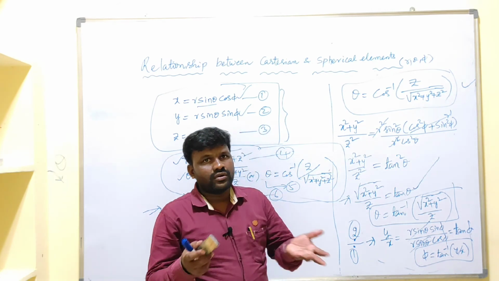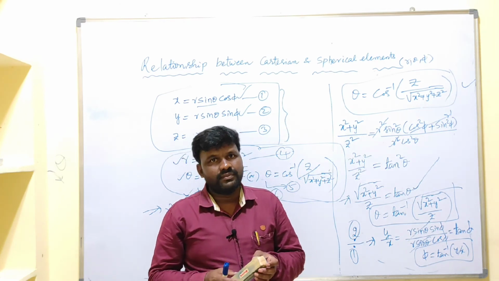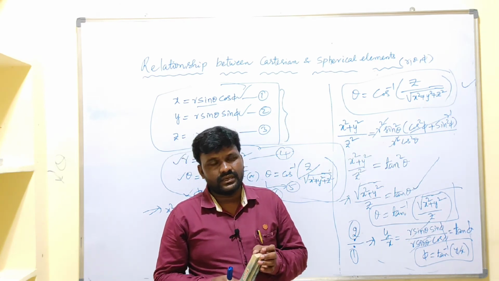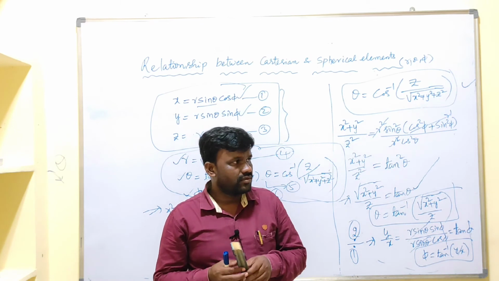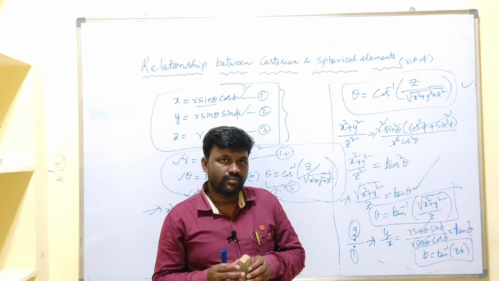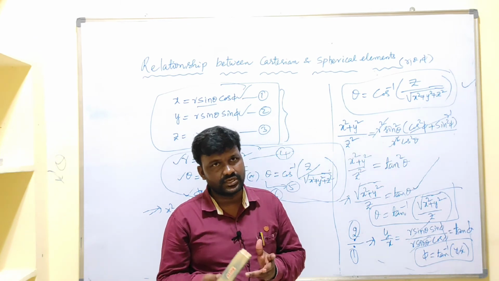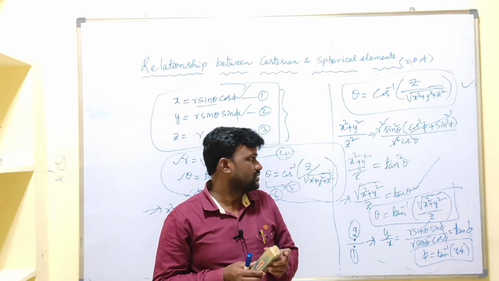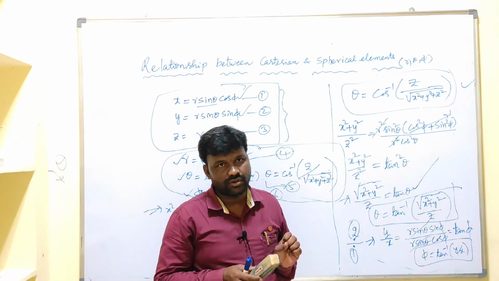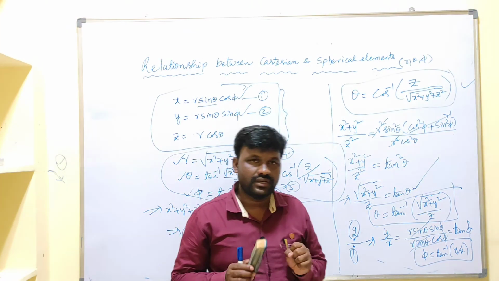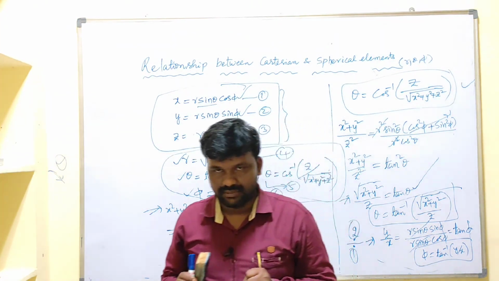A problem in one coordinate system may be difficult, but if you choose a proper coordinate system, it will be easy to solve. That's why we need to choose the proper coordinate system in order to solve our electromagnetic problems. Thank you.